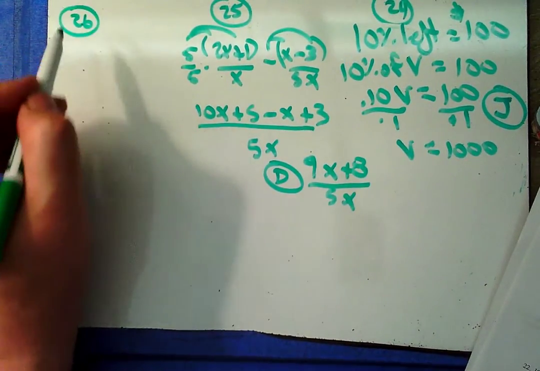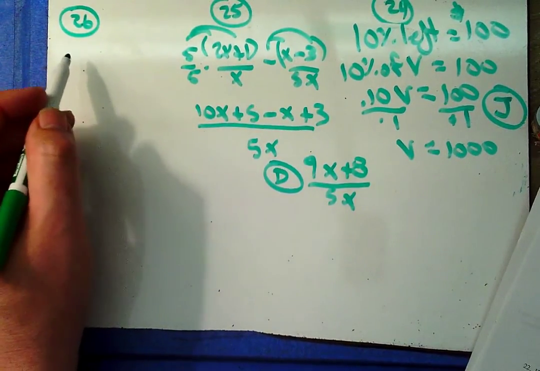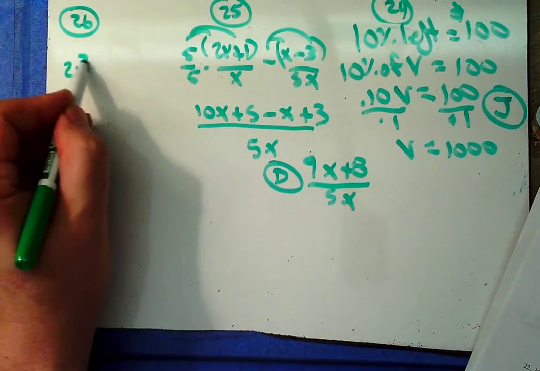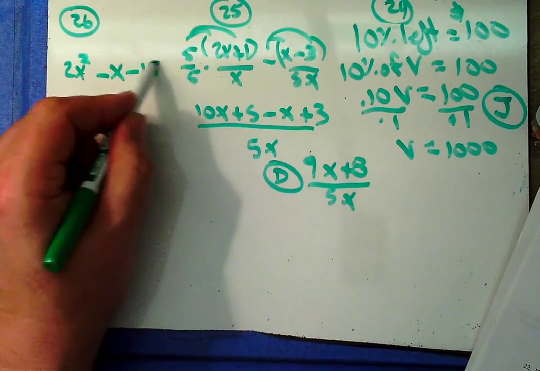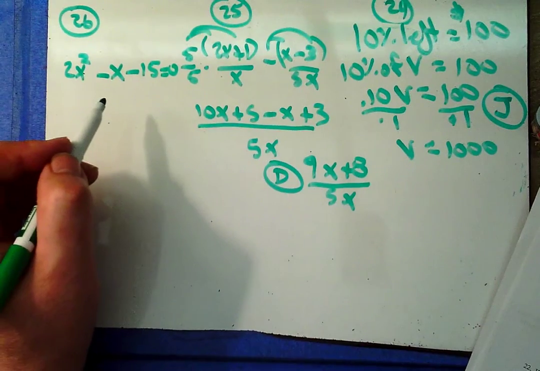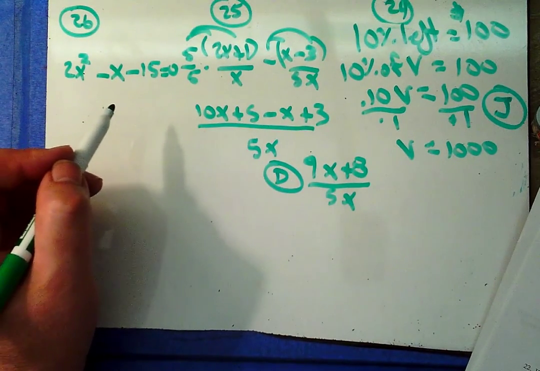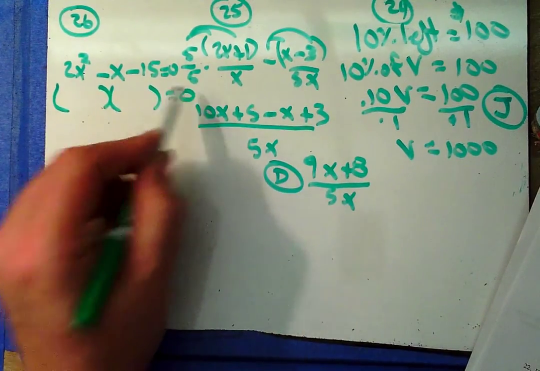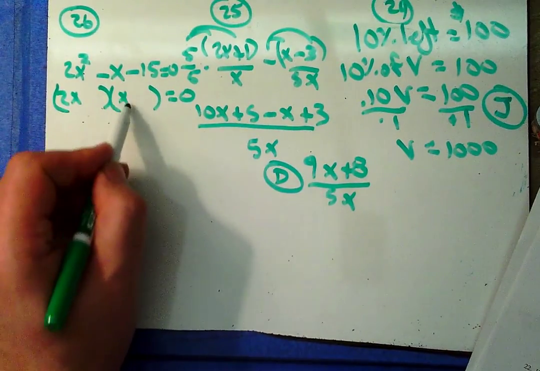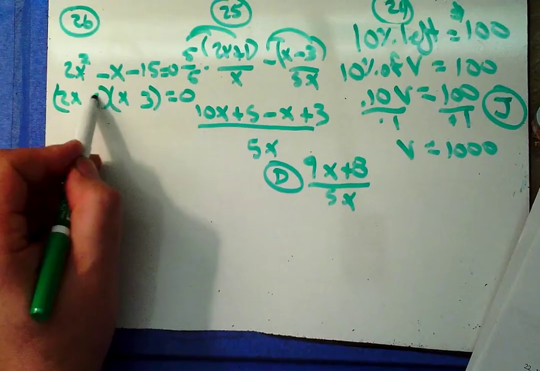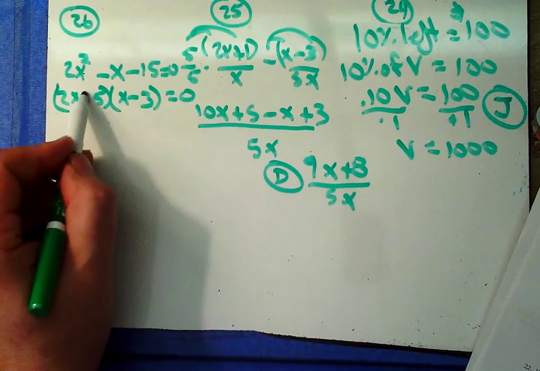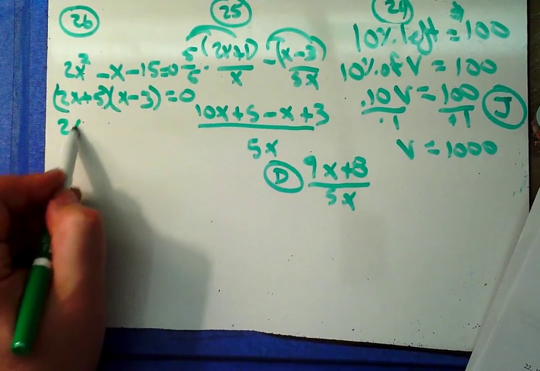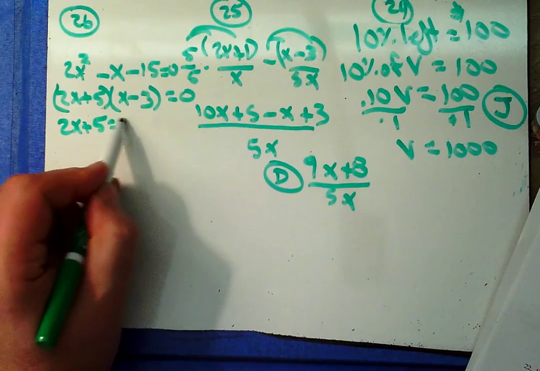26. 26 says if 2x squared minus x minus 15 is equal to 0, what are the two possible values for x? So we're going to factor this trinomial. 2x, x, 3, 5, minus, plus, and then set each factor equal to 0.